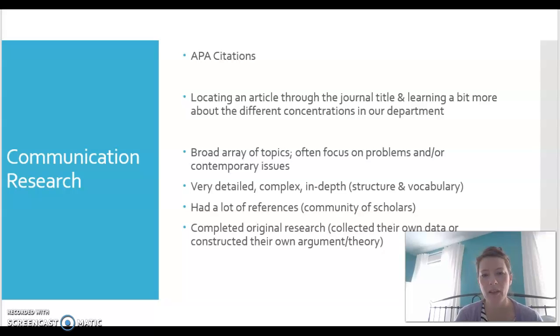You also really noted a few important things. Many of you identified, when asked to think about what kinds of things get published, that there's a broad array.